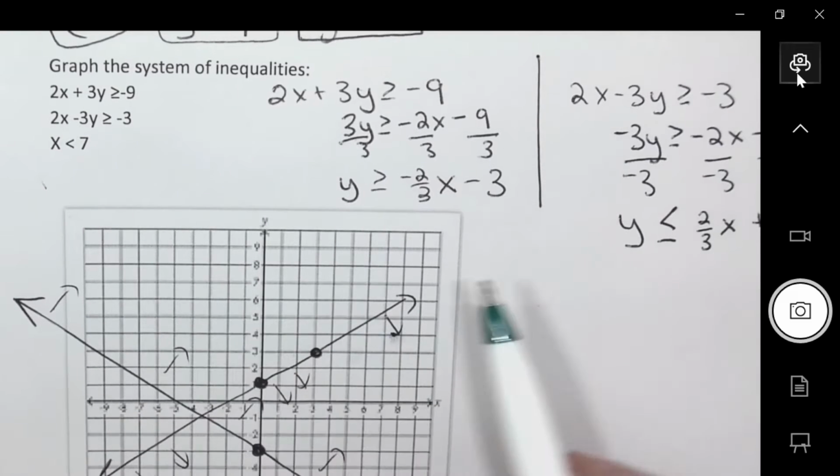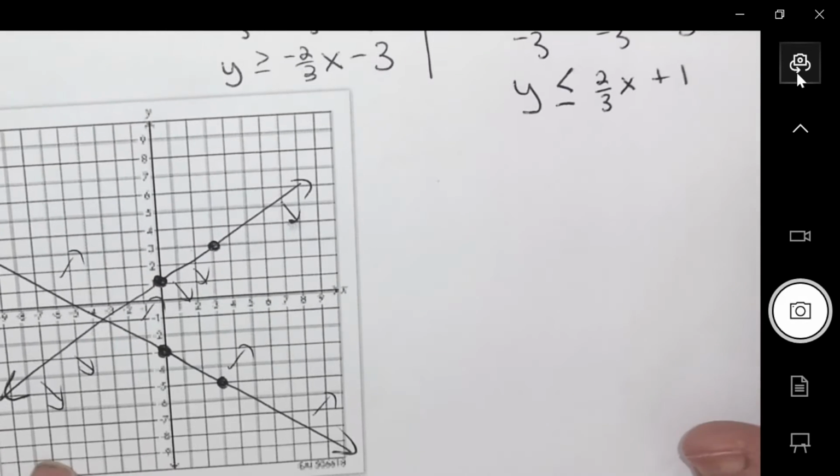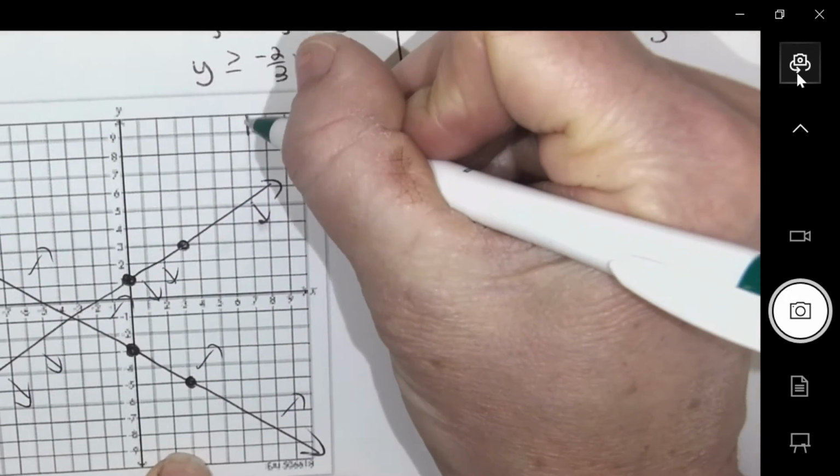x is less than 7. So when you see that, you have two choices. What do you want to do, a horizontal or a vertical? What's an x equals line when you graph them? Vertical line at 7, and it is dashed.